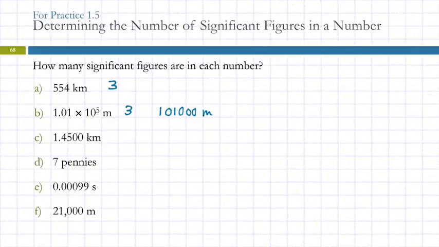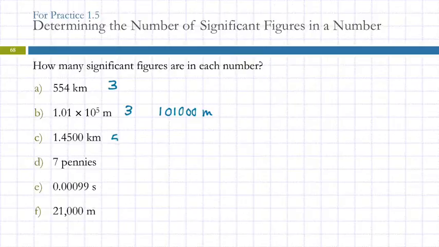When a number is written in scientific notation, we don't have to worry about zeros. There will never be a leading zero, and the trailing zeros will always be significant because there would have to be a decimal place. So you're counting all the digits before the times sign. The 10 and the 5 do not count as significant figures. How about 1.4500 kilometers?